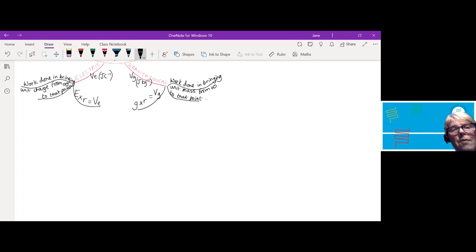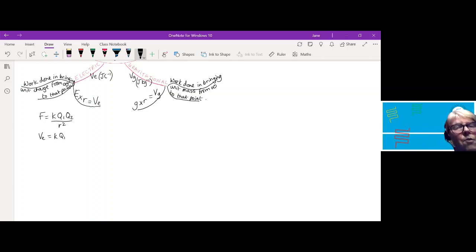So let's start from basics. I always like to start from basics because the force is k Q1 Q2 over R squared. If you can just remember that one, everything else will follow. Now, to get the potential, it's the work done, so we want the force per unit charge.